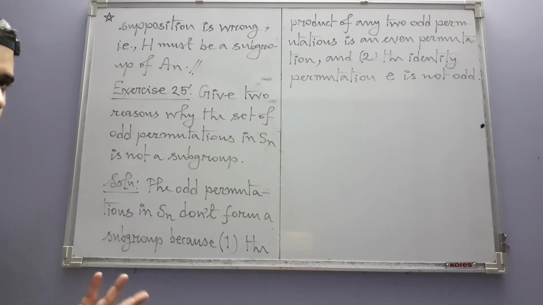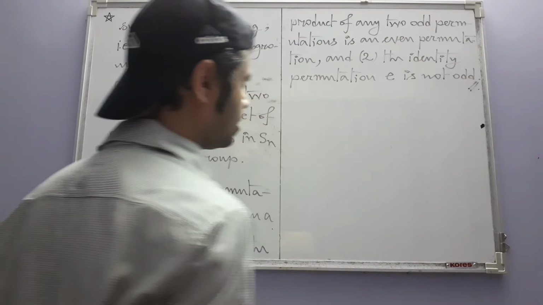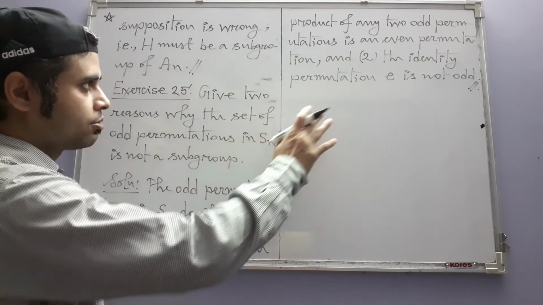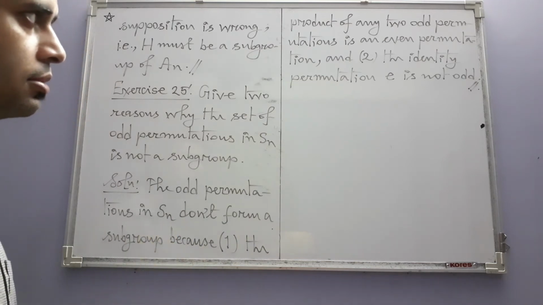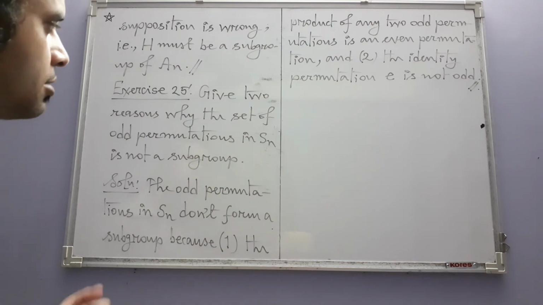So you can have these two reasons. Actually one is enough, but you can just show one of these as the reason why the odd permutations in Sn do not form a subgroup.